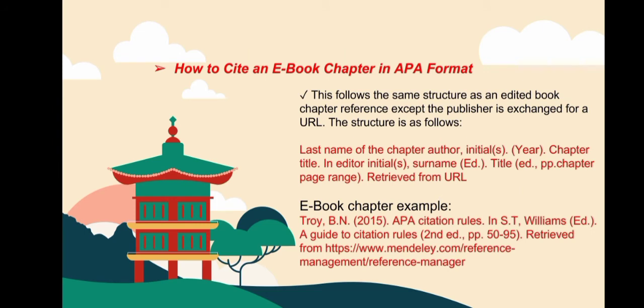So we continue with the citations, and we have how to cite an ebook chapter in a format. This follows the same structure as the edited book chapter reference, except the publisher is exchanged for the URL. So the structure is just like the example: last name of the chapter author, initials, year, chapter title, in editor initials, surname, ed, the title, the pages per chapter in the range, and also from where we retrieved it.